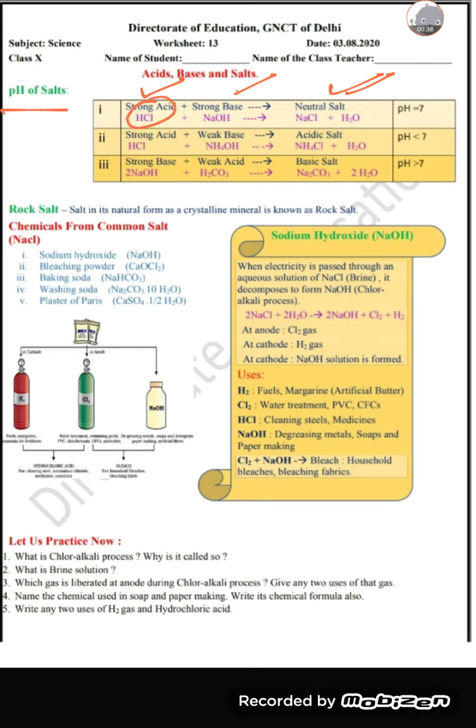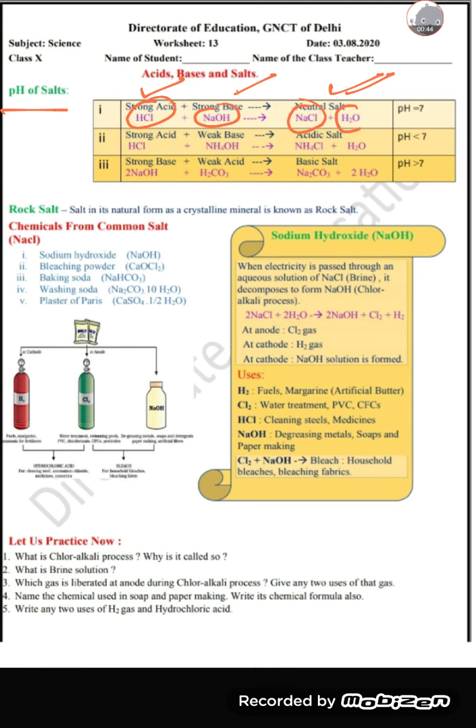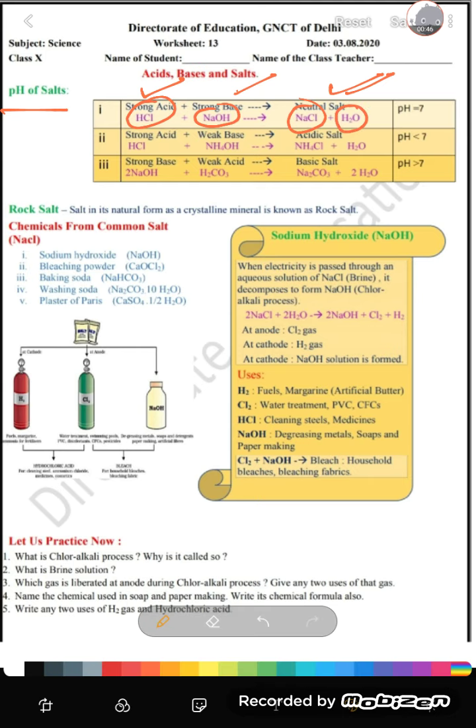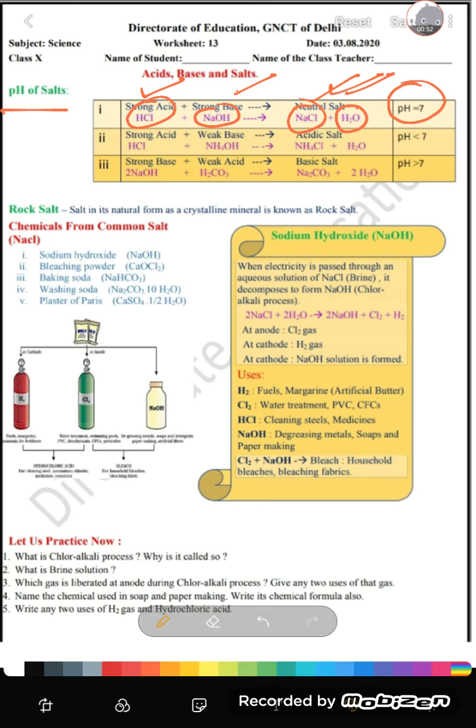Strong acid HCl and strong base NaOH combine to form NaCl, right? And what is the byproduct? Water. Because the salt is neutral, pH equals 7. And a neutral salt is always made up of a strong acid and a strong base.